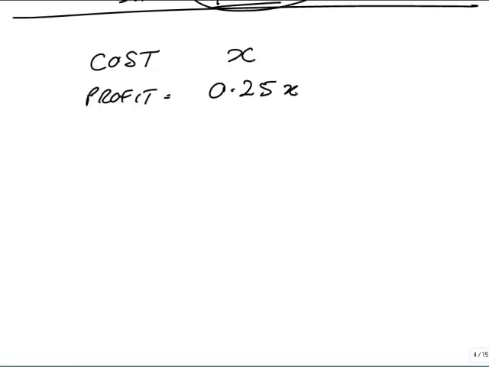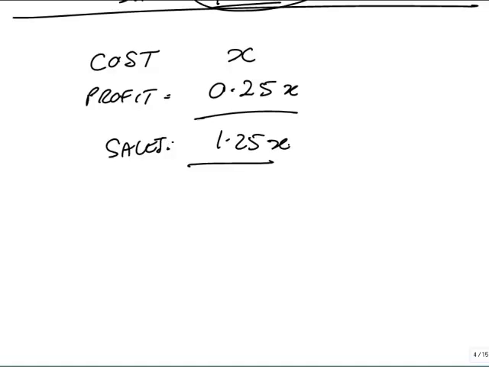The point being, if the cost were X, that's what we're trying to find out, the markup is 25%, so the profit you'll add on will be 25%, or, you're all happy, I hope, 0.25 of X. And therefore, the sales, X plus 0.25X, that'd be 1.25X.